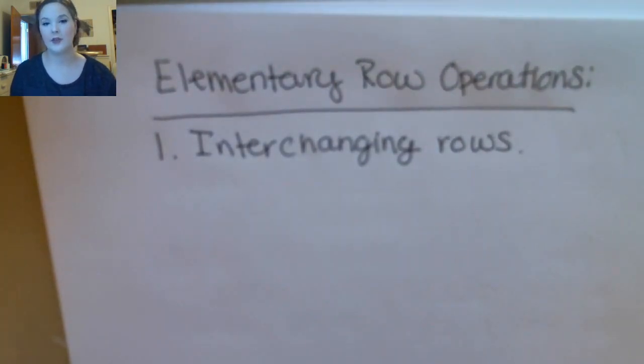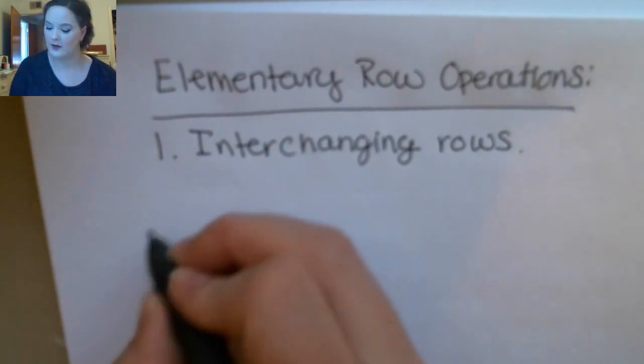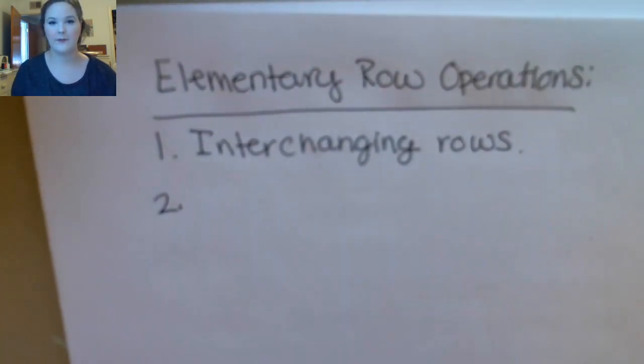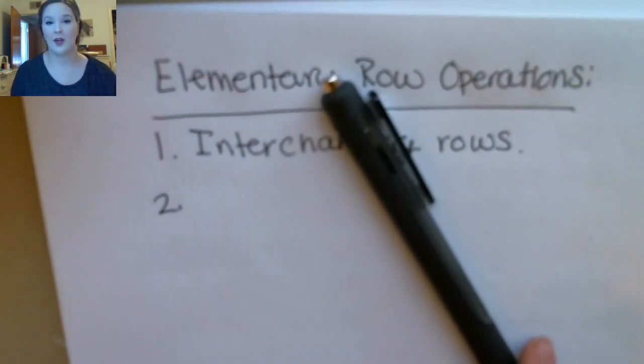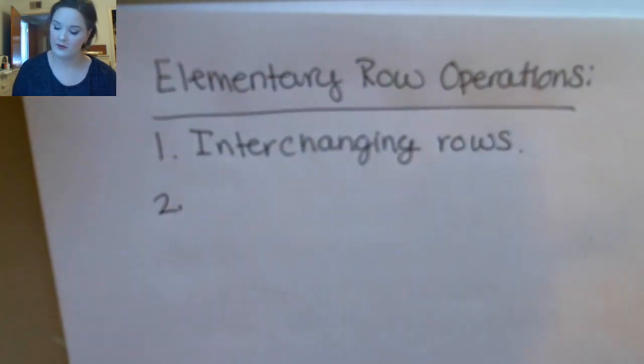The first one is interchanging 2 of the rows, so you could just switch the first and second row, the second and third row, etc. The second one, we could also multiply or divide a row by a constant, or a number.